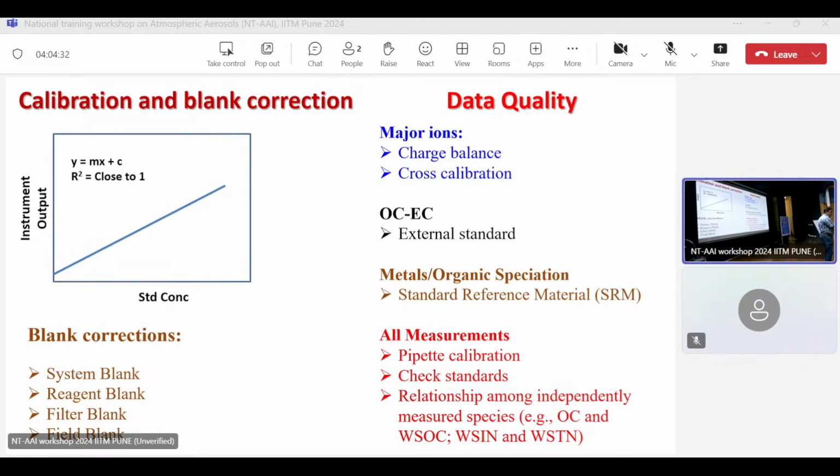If it is showing 0.9, then all your calibrations are based on that, right? So you are biased throughout, and you don't even know that you are biased, because you are doing everything very honestly. I told you, as a chemist, don't trust anyone.